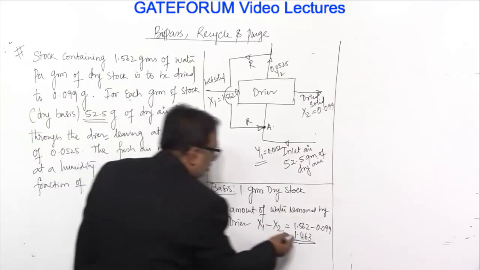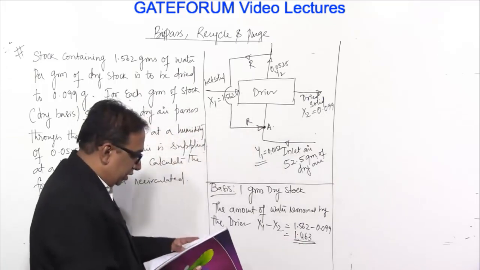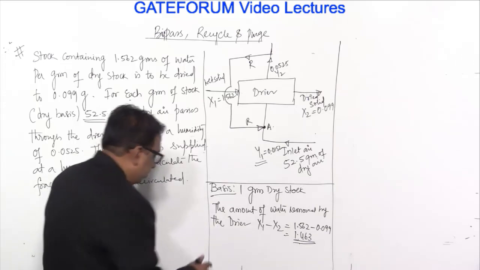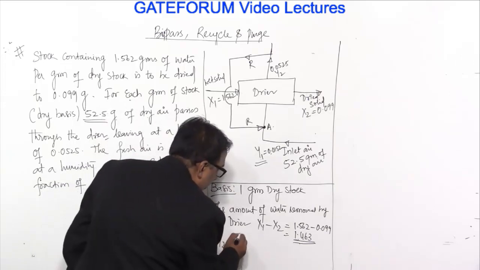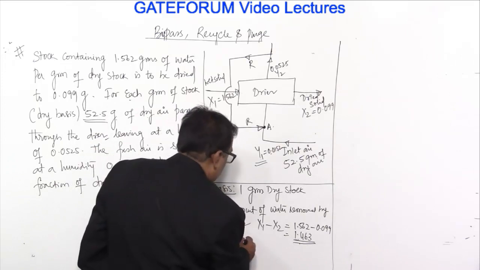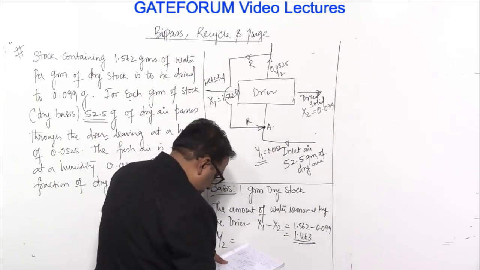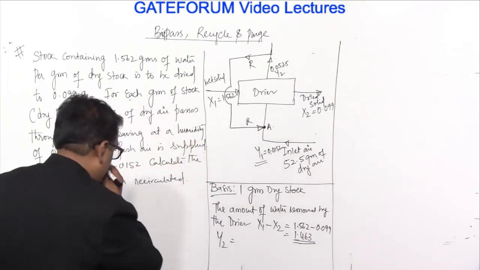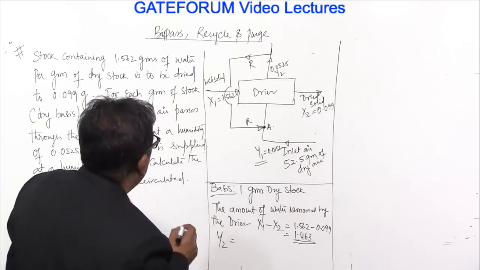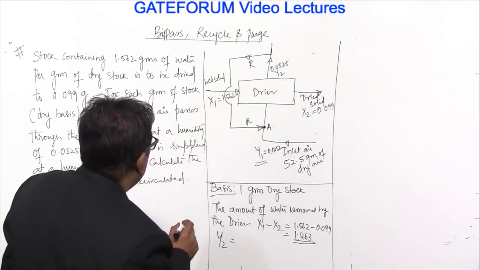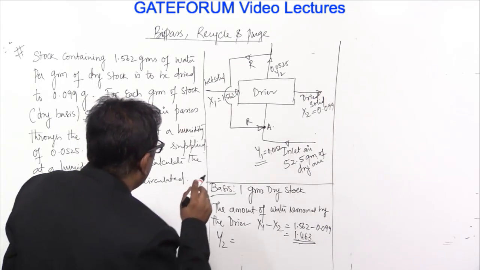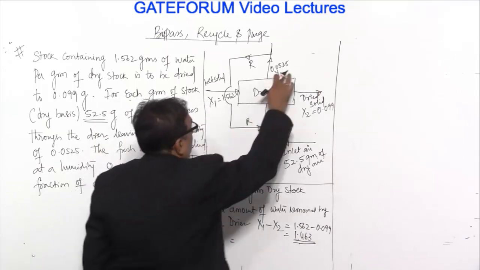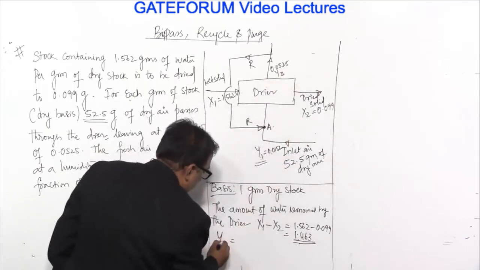So the amount of water here is 1.463. What is the humidity there? Y2.